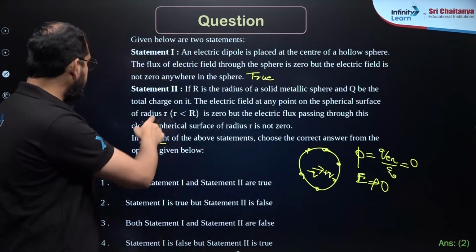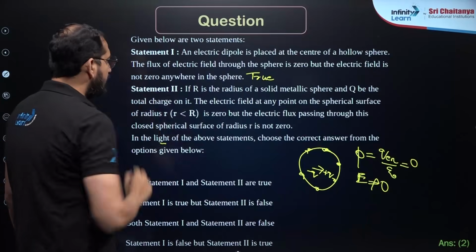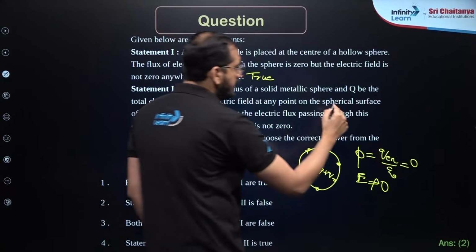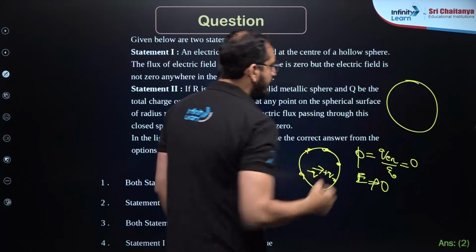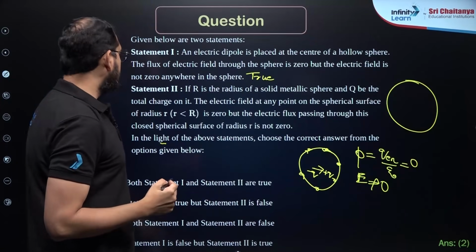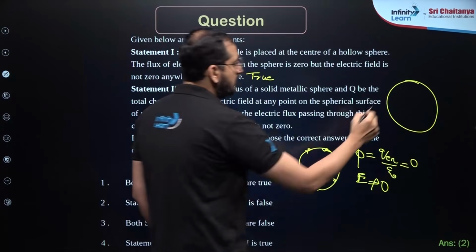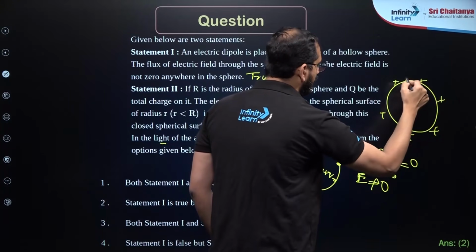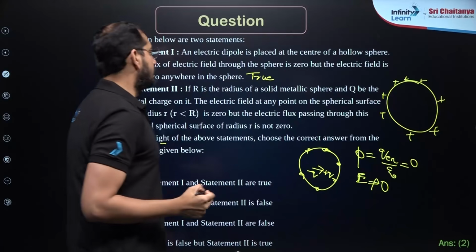Okay. And if we move to statement number 2, it says that R is the radius of a solid metallic sphere. So here we have a solid metallic sphere and Q is the total charge on it. So total charge Q is uniformly distributed over the surface of the sphere, right?